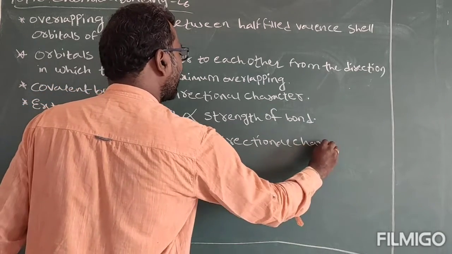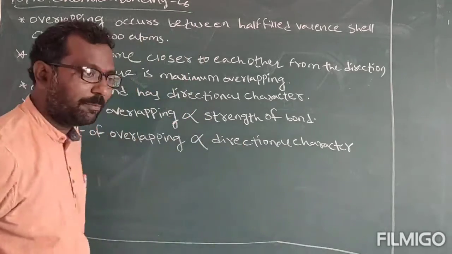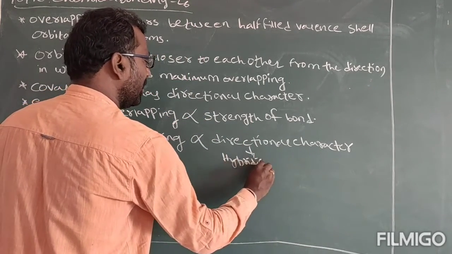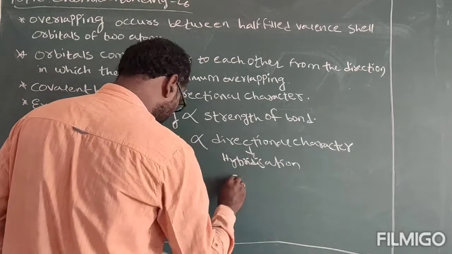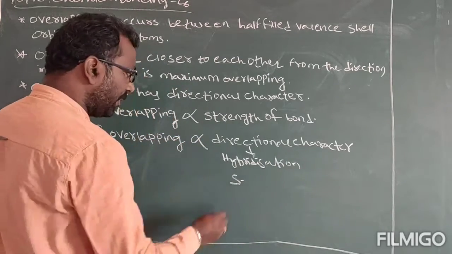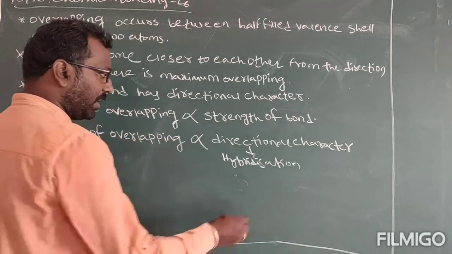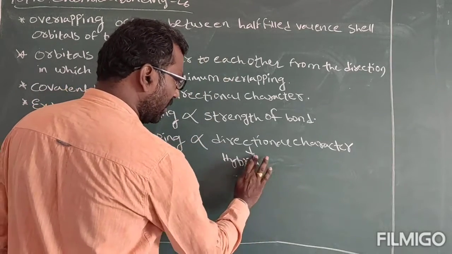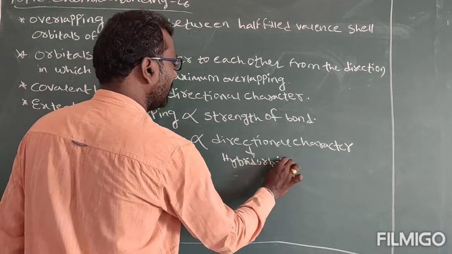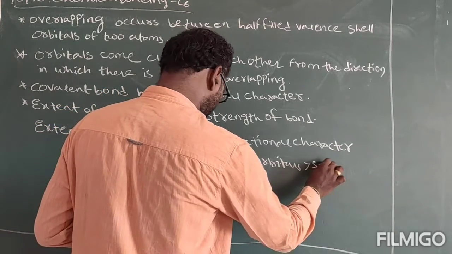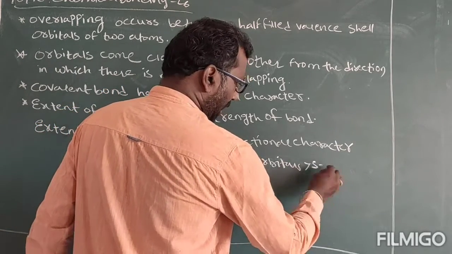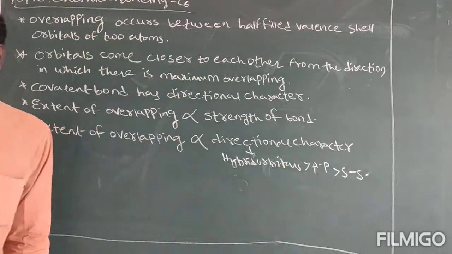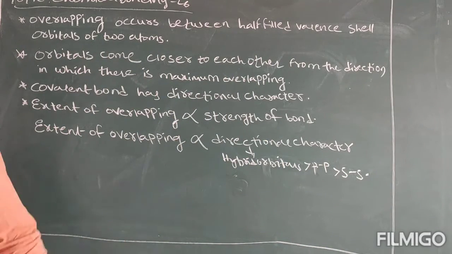This directional character depends upon hybridization. I can write like this: hybrid orbitals are greater than p-p, which is greater than s-s. So this is about the extent of overlapping.